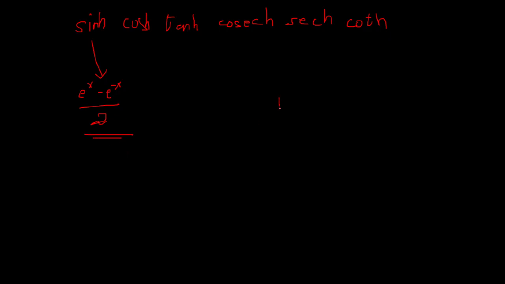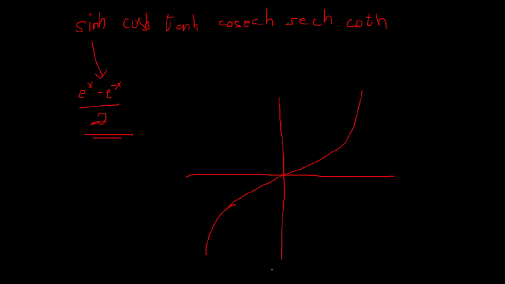If you were to plot a graph of the function sinh, you could just plug in x equals 1, 2, 3 and go on, but I'm going to save you that time. It's going to look something like this and goes on like that.